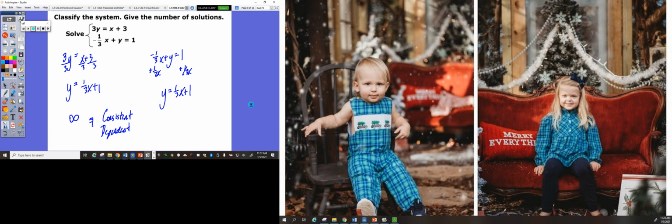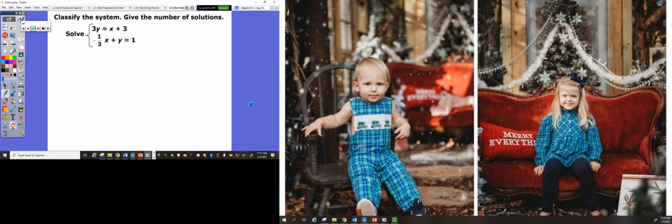The other way you could do it is algebraically, if you wanted to. If I solved this top equation for y, we already said we would have y equals positive 1 over 3x plus 1.